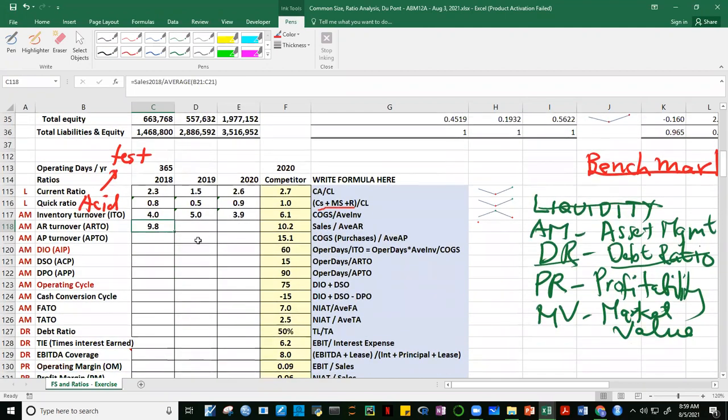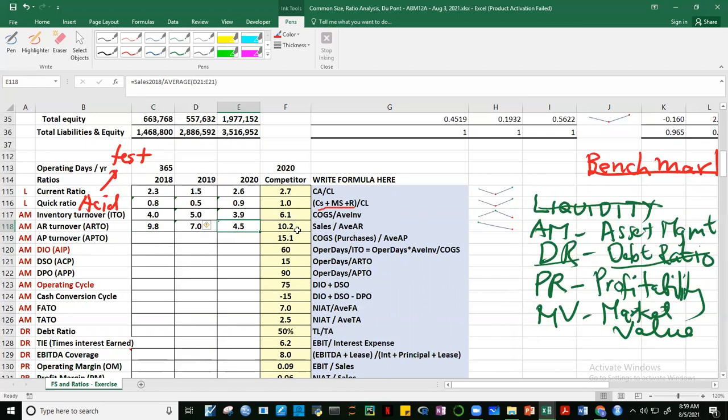So quickly, anong ibig sabihin nito, guys? Okay. 9.8 tayo ng 2018, 2020, naging nangalahati na lang, less than half. Ano yung R2, ano yung accounts receivable turnover? Okay, ilang beses, nung nabenta na, ilang beses nakokolekta? So, noong 2020, 4.5 times a year na lang tayo.